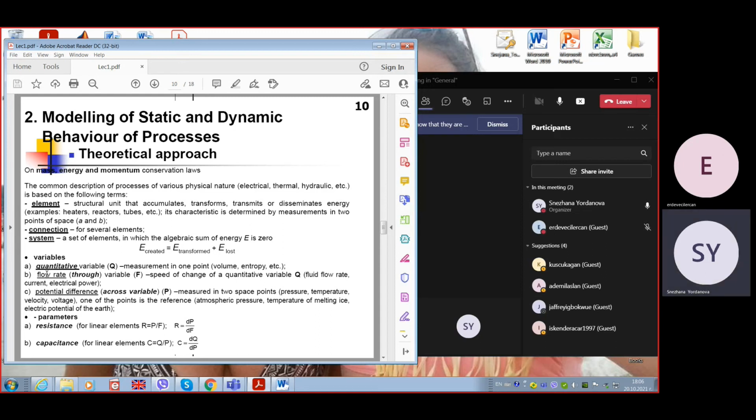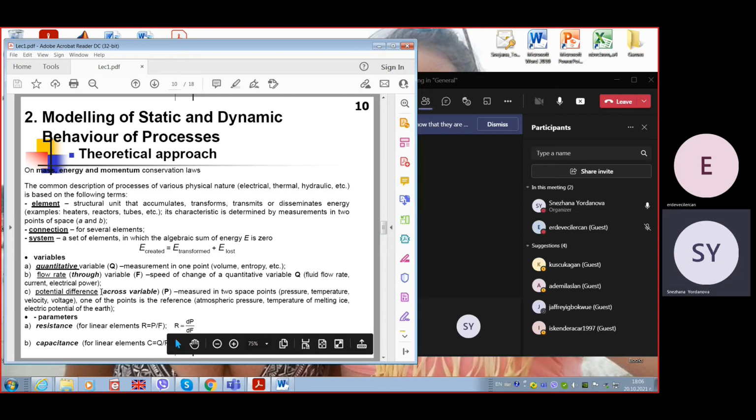The model also is related with the variables we measure at the input output, which can be measured in 1 point. They are called quantitative variables. Quantity of volume, entropy are such variables. Flow rate, they are variables that pass through an element. They are like current, flow rates, fluids.